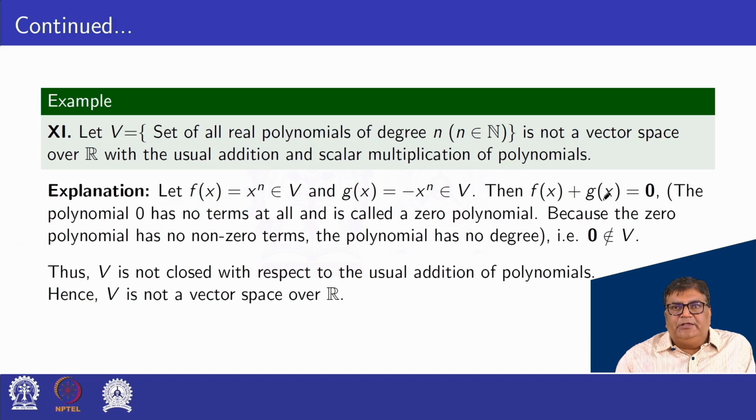Then fx plus gx is equal to 0. The zero polynomial has no terms at all, and because it has no non-zero term, the polynomial has no degree, that is, 0 does not belong to V. Thus V is not closed with respect to the usual addition of polynomials. Hence V is not a vector space over R.